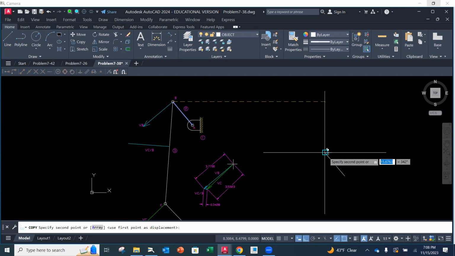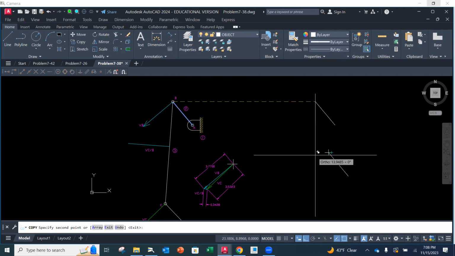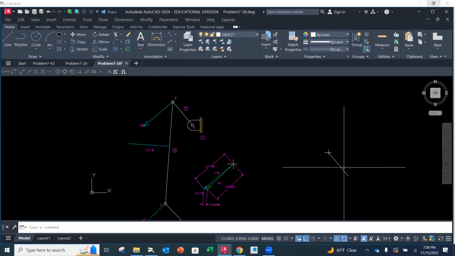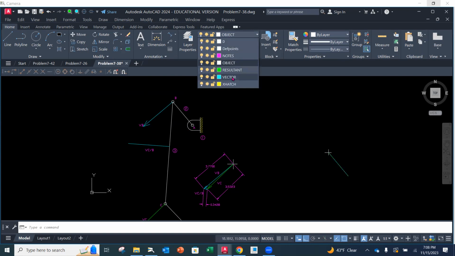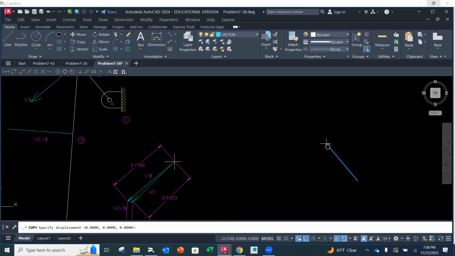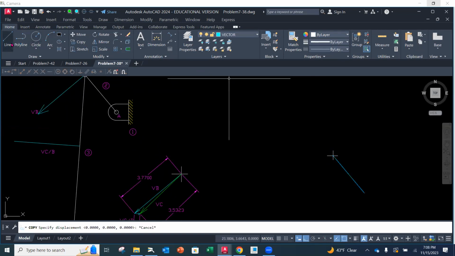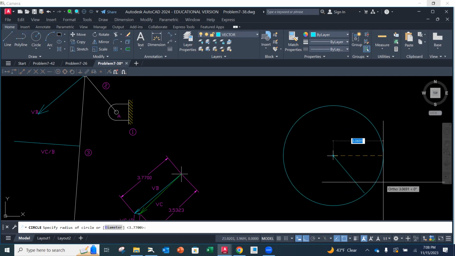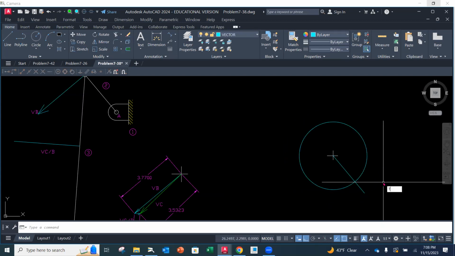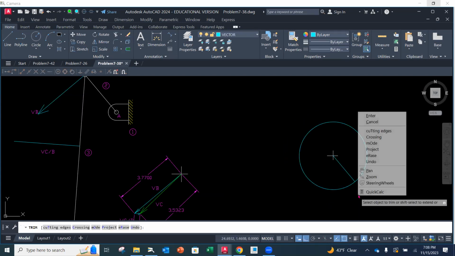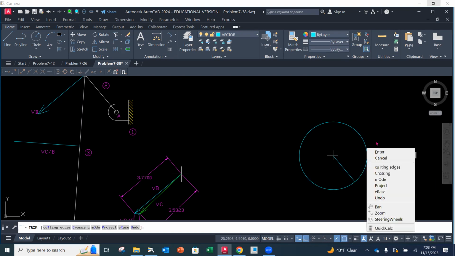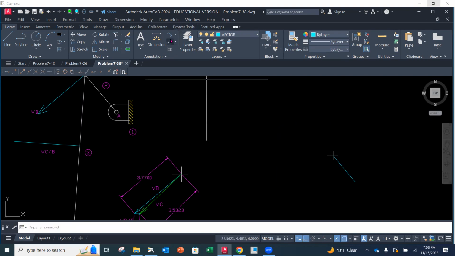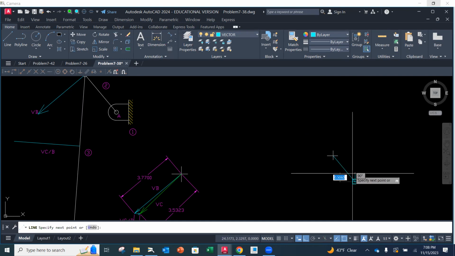We're going to start the tail of that vector at the origin. I'm going to change this to a vector layer. And I need B to be 2.0795. Trim. And then I'll draw my lines.